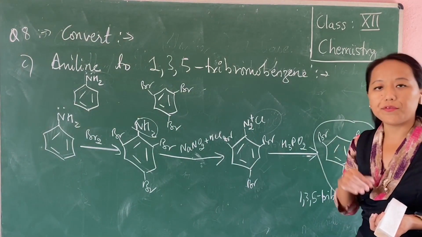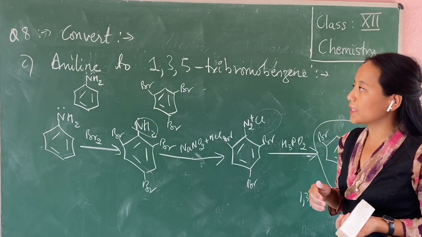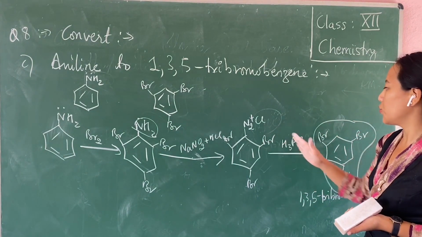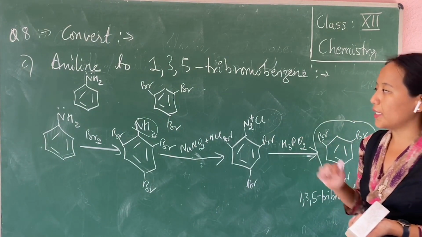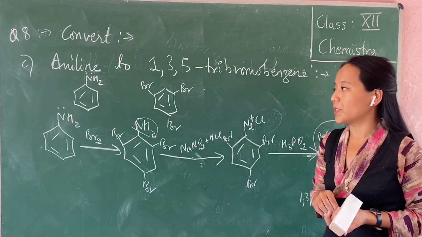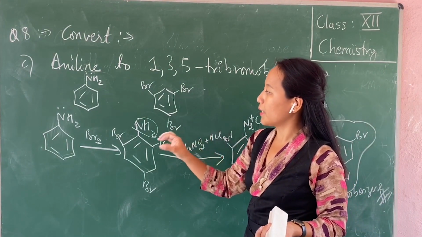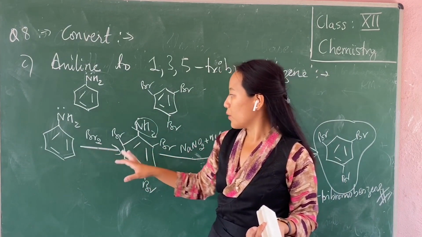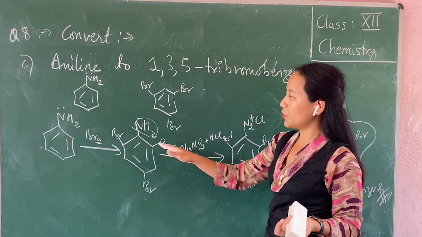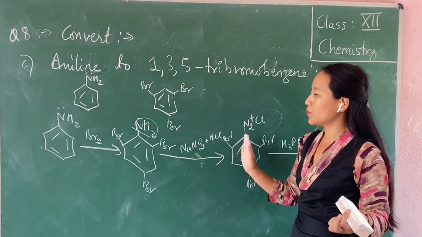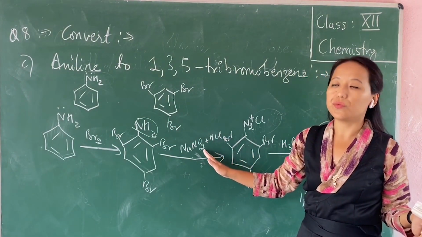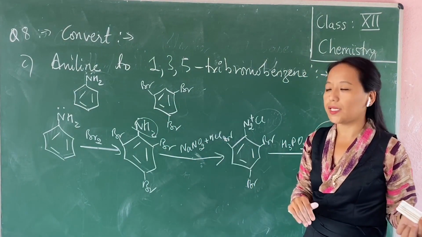So that's how we have used what we have already learned, that is replacement of N2 by hydrogen atom and converting aniline to diazonium salt. So in this case, to introduce the bromine atom, I have used bromine water. Once you get the bromine atom, you are going to convert NH2 to diazonium salt by treating it with diazotization reagent, that is NaNO2 plus HCl.